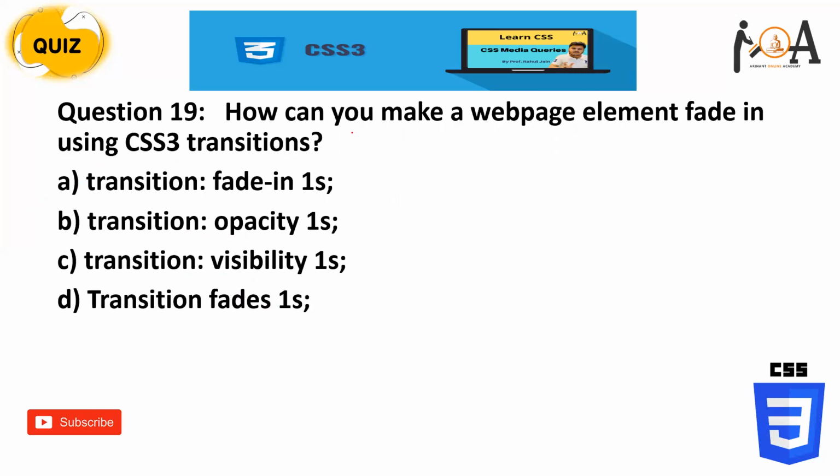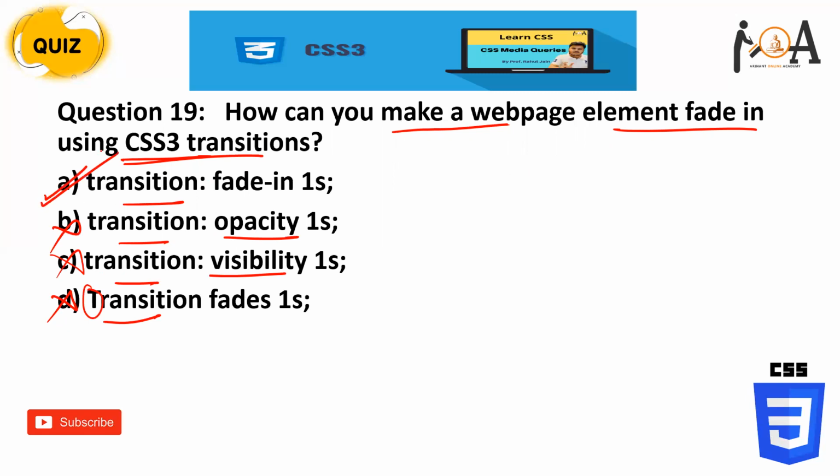How can you make a web page element fade in using CSS3 transitions? Transition, transition, transition, and this is a transition. This can easily be eliminated, and you want to fade the text. Visibility is not a concept. Opacity is also not a concept here because you want to make a fade. So fade in 1 second.